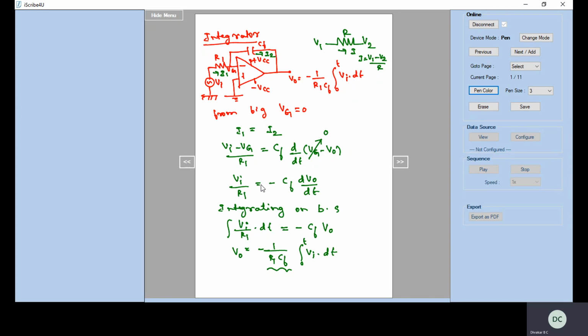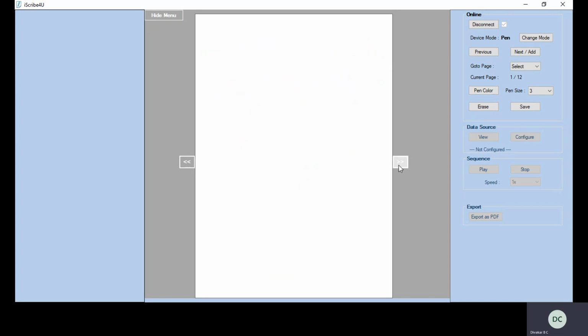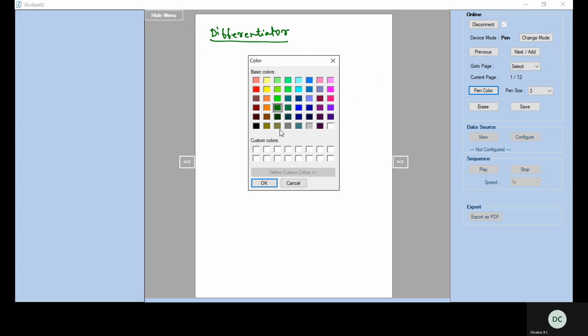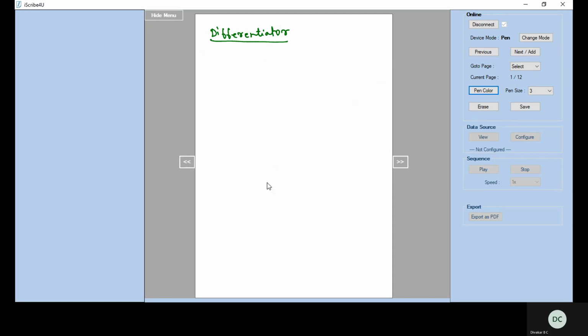Now, the next application is the differentiator. A differentiator circuit is one in which the output voltage is the derivative of the input. This is the circuit diagram for the differentiator. Interchange the elements of the integrator.